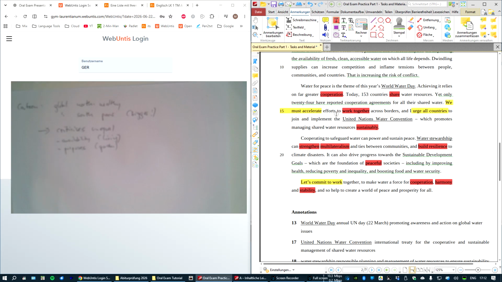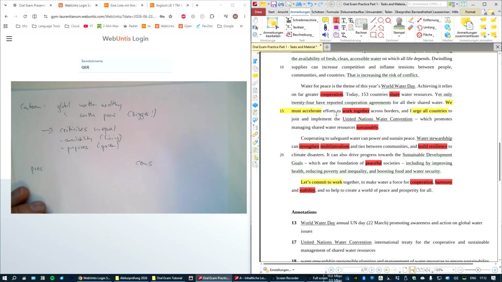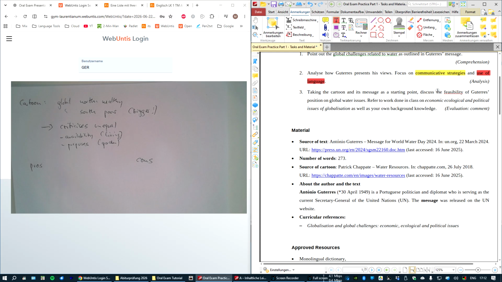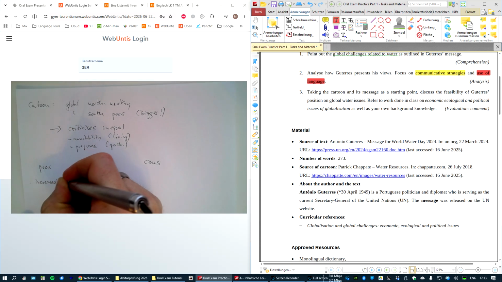The preparation time is almost over, but we've got pros and cons that we have to find for the feasibility of Guterres's position. Can put that away again. And what could be a pro, that this can work? Maybe increased awareness among young people.